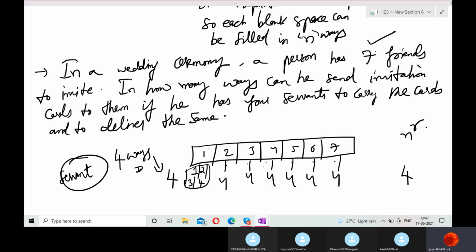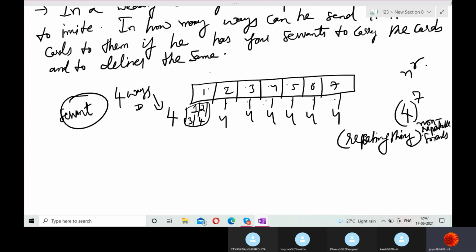And R is nothing but how many spaces are there? So now can I say repeating thing power non-repeatable friends? Why non-repeatable friends? Because a card can only go to one friend at a time, but there are four servants.